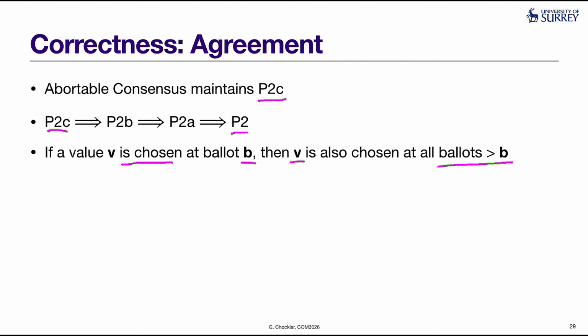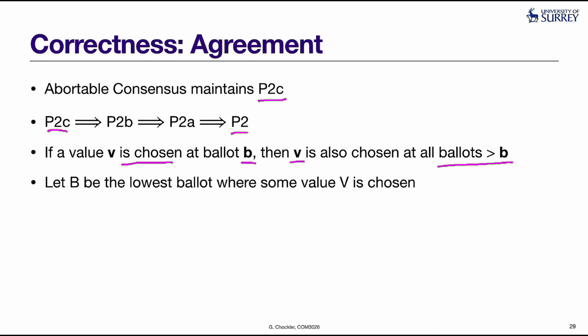Okay, and from here we can actually see that the rest is quite simple. We just need to fix a ballot B to be the lowest ballot at which some value V is chosen. And then we just apply this property here. So this is actually property P2, right?